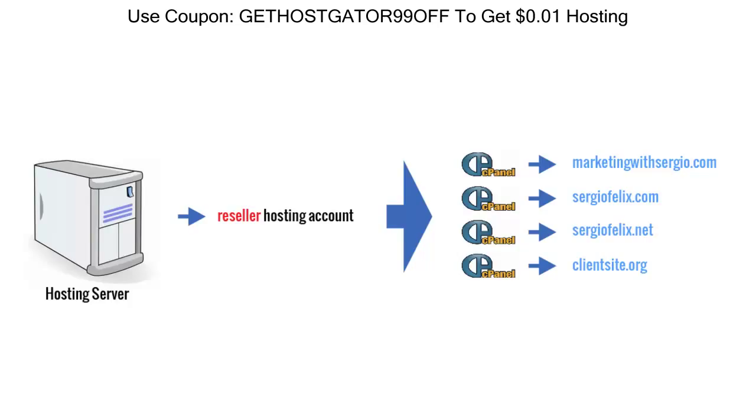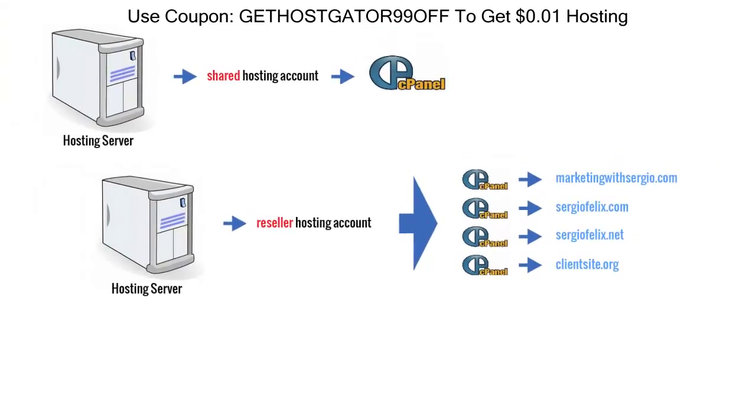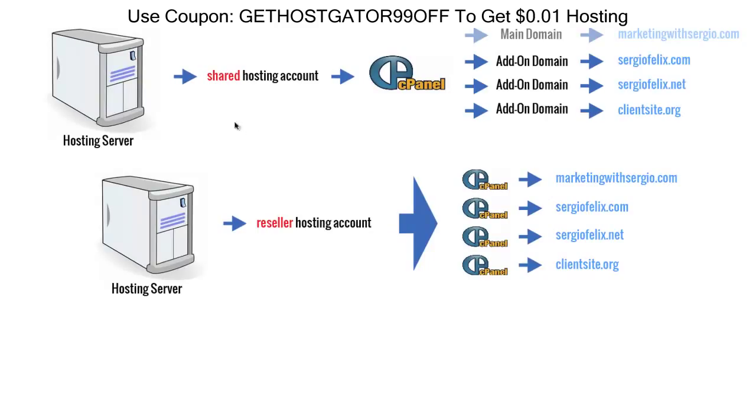So the main differences between these is that with a shared hosting account, you just have one cPanel account, which means one username and one password, and that is the same for every single domain name that you have on there.